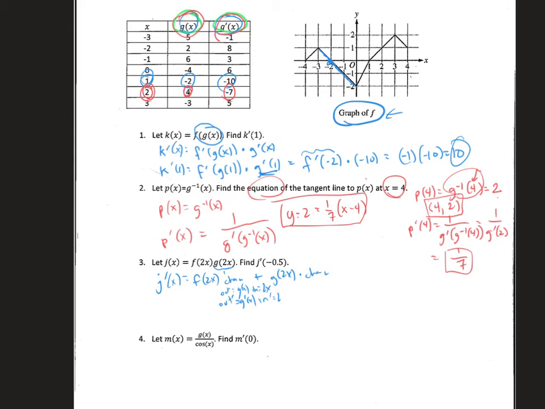This part, we've got the f of 2x here, and then this part would be 2x plugged into g prime times the derivative of 2x, which is 2. And I could do the same chain rule over here, but it's basically going to end up looking like the exact same work, but this time with f.